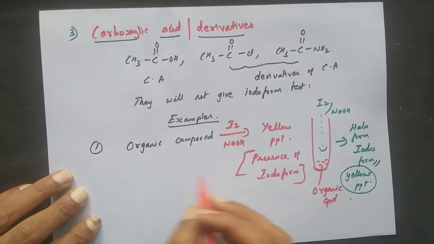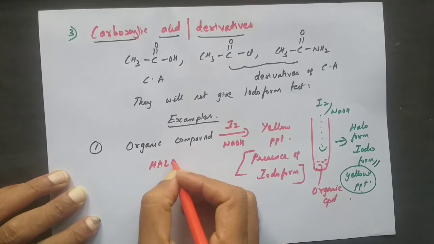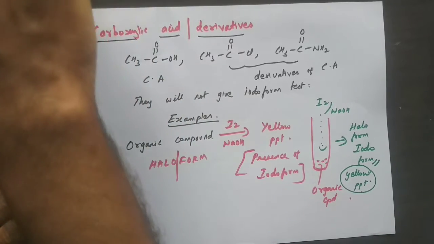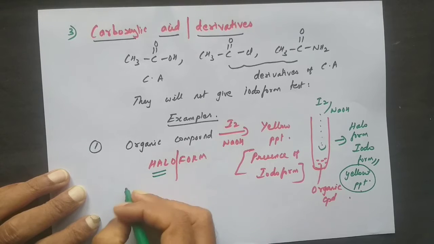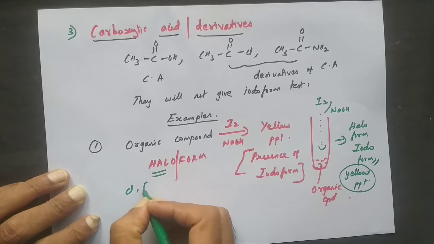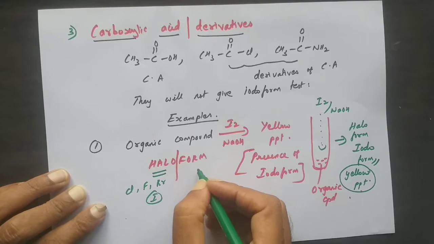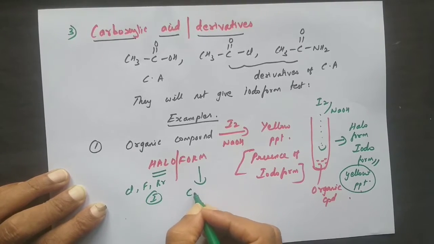This is the basic test you have to understand. Haloform in general you can break into two parts. Halo means halogens, maybe chlorine, fluorine, bromine and iodine, but we are using iodine here. Form means compounds containing a single carbon.